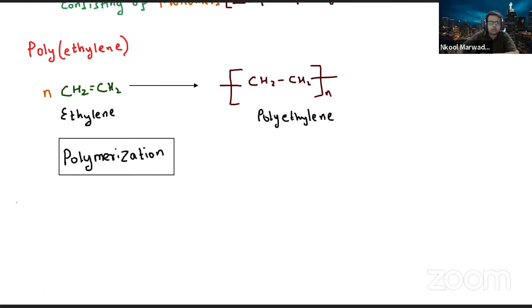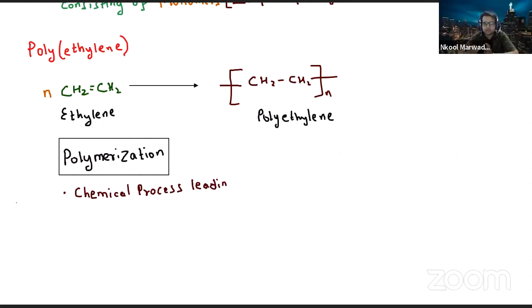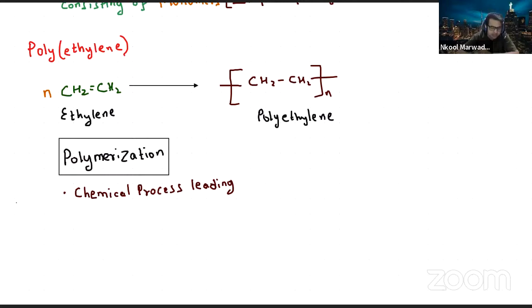Yeah, somewhat difficult. So it's a chemical process. Polymerization is a chemical process leading to the formation of polymers. So synthesis of polymers, any reaction we do, that is polymerization reaction. Polymerization is basically a chemical process, means it's a chemical reaction which leads to the formation of polymers.